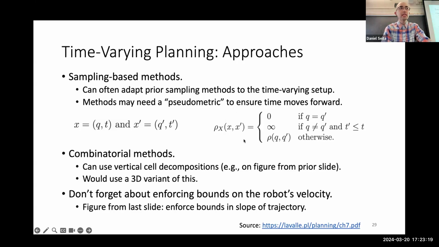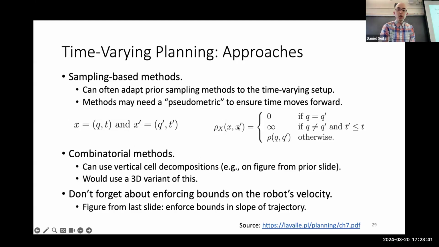Yeah, and then this is like a pseudo metric. So think of rho as your normal cost function or some kind of local planner that tells you, can you go from Q to Q prime? Can you go from that configuration to the next configuration?